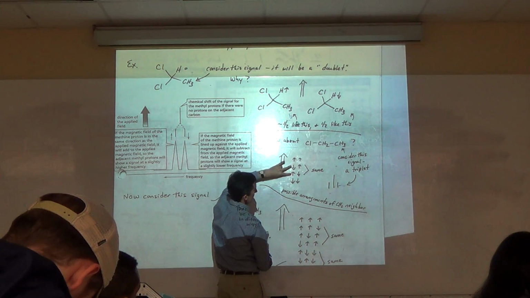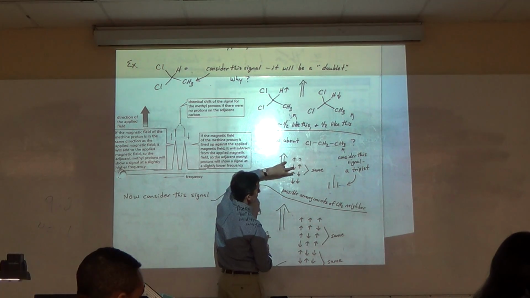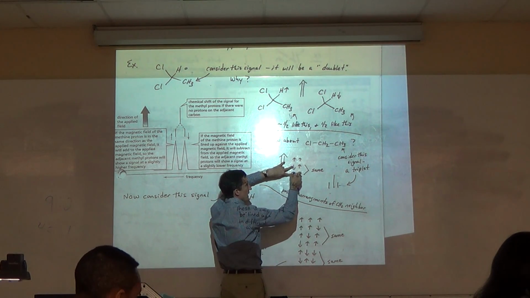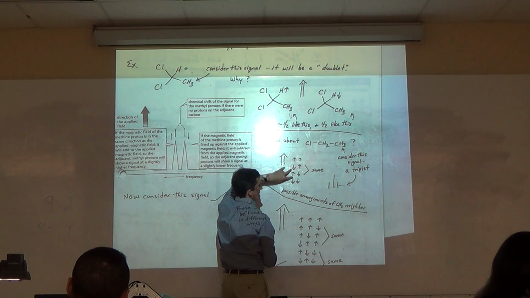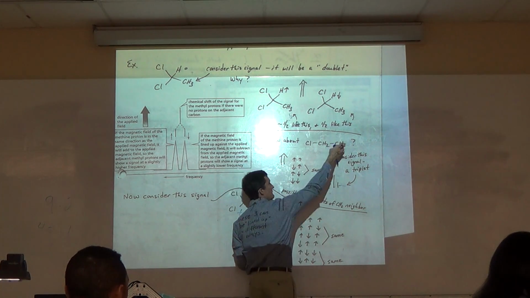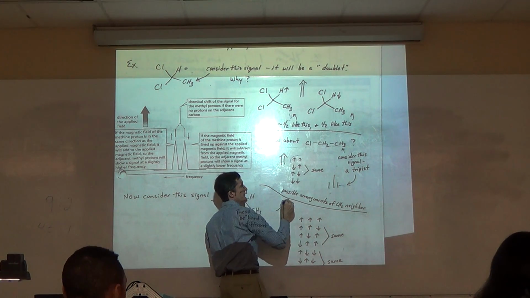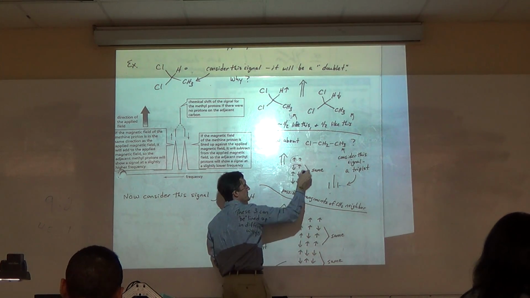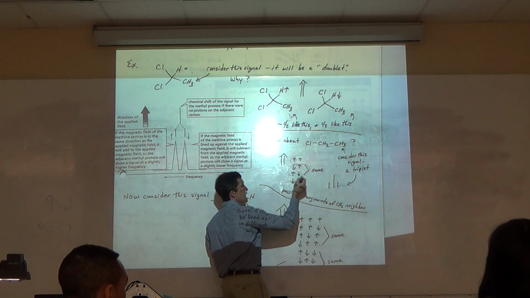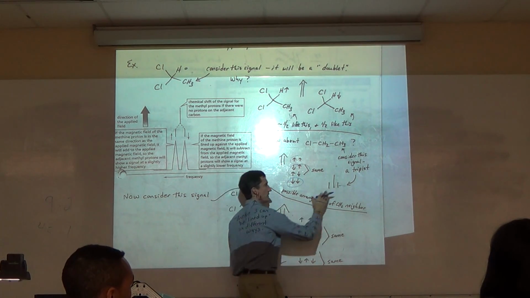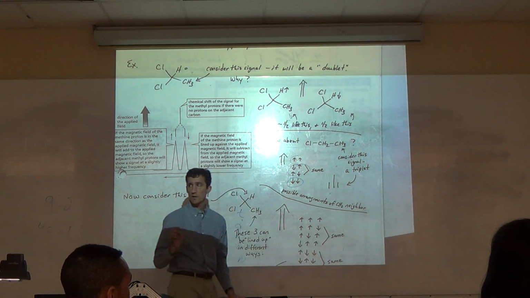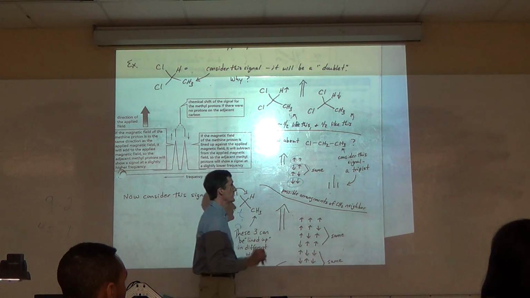If the H's are the same, these scenarios are the same. It's just twice as likely to have this scenario. So basically, you have some molecules that are experiencing this neighbor effect, some molecules that are experiencing this neighbor effect, and some molecules that are experiencing this. You actually get three signals, but we don't call it three signals. We call it a triplet.